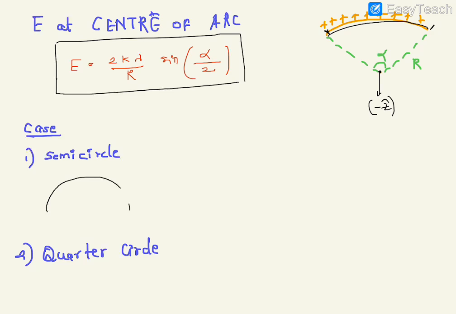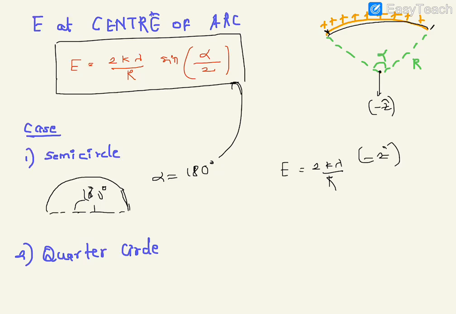Now I have a similar system. If I increase my alpha to a standard value that we use in our day-to-day lives, as 180 degree, I will just put the value of alpha equals 180 degree in the formula, and I will get my E as 2k lambda by r minus z cap.